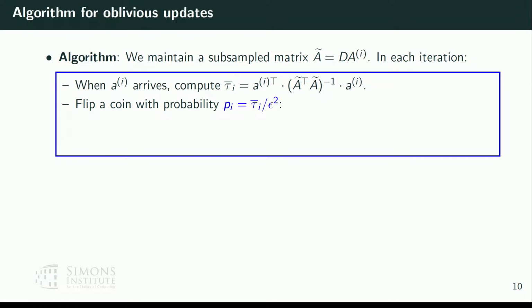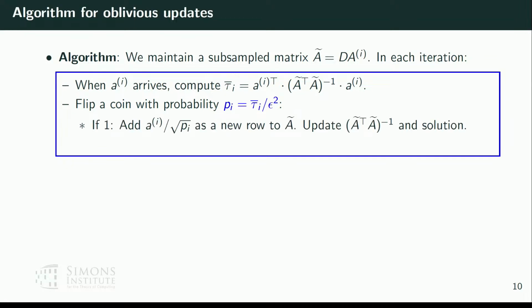And then we will flip a coin with probability proportional to this leverage score. If we get 1 from the coin, then we will add a scaled version of the row as a new row to our subsampled matrix, and we will update the inverse and the solution. And if it's 0, then we just throw away this row, we don't do any update, and we still output the same solution.